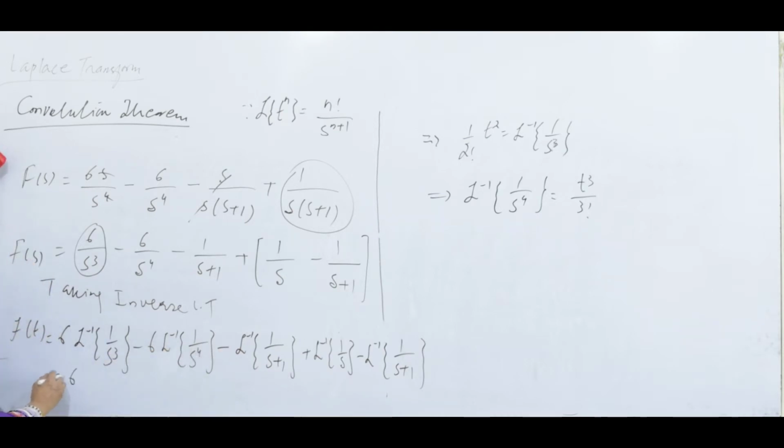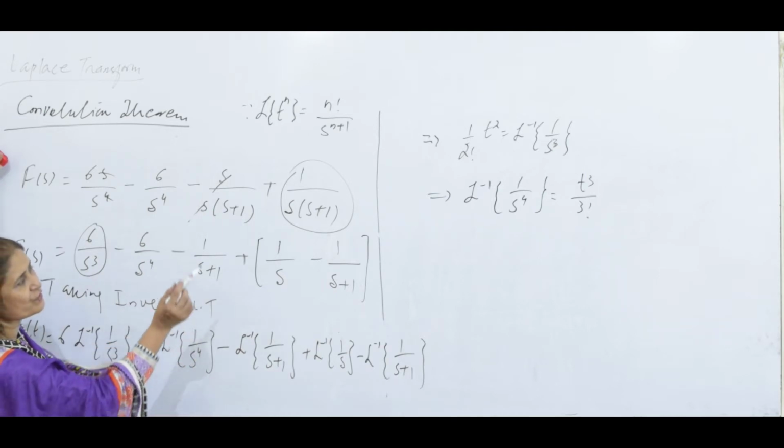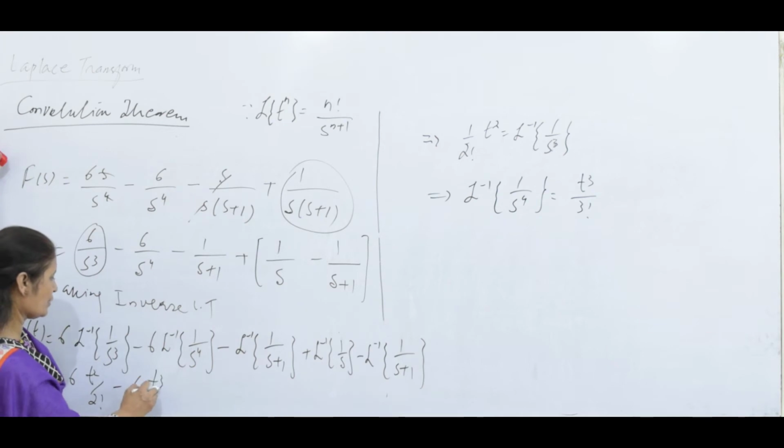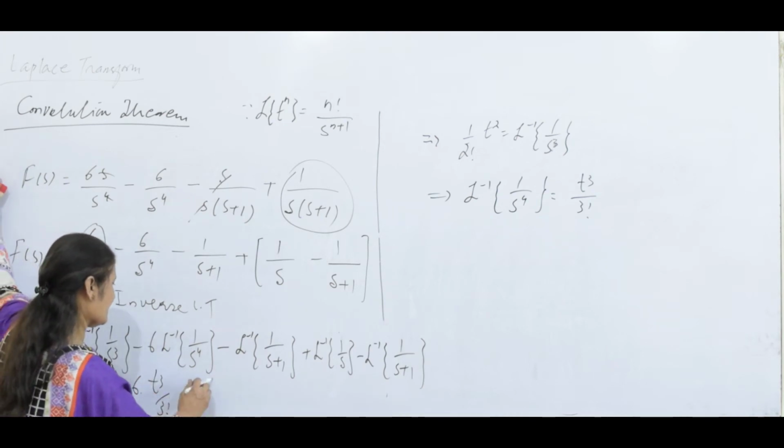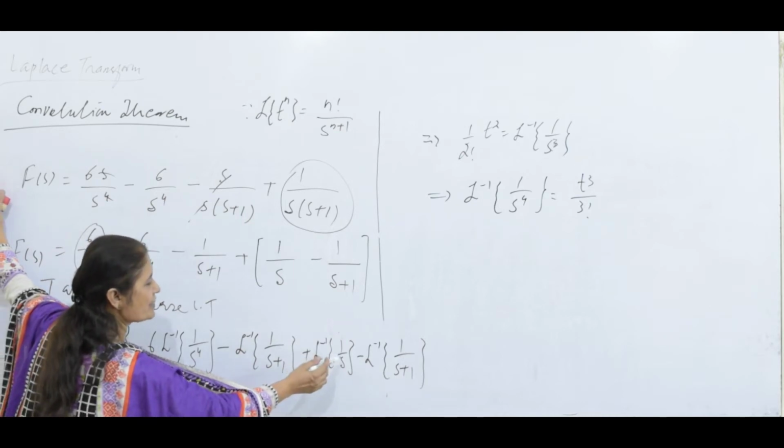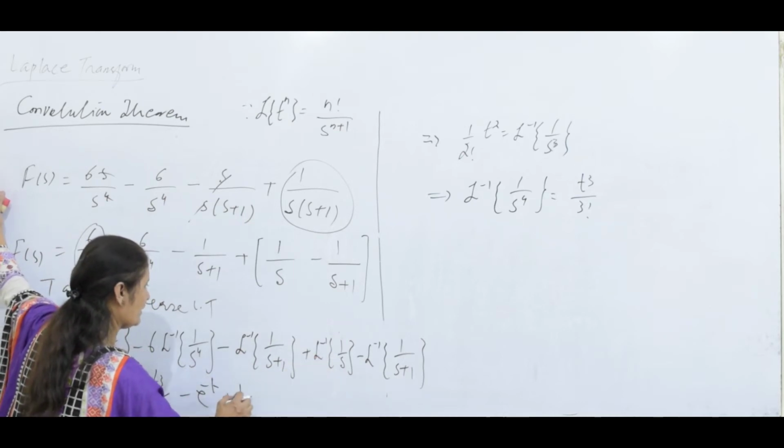So 6 is there. Laplace inverse 1 over s cube is t square over 2 factorial. Minus 6 is there. Laplace inverse 1 over s4 is t cube over 3 factorial. Minus, it is e to the minus t. Laplace inverse of 1 over s is 1.